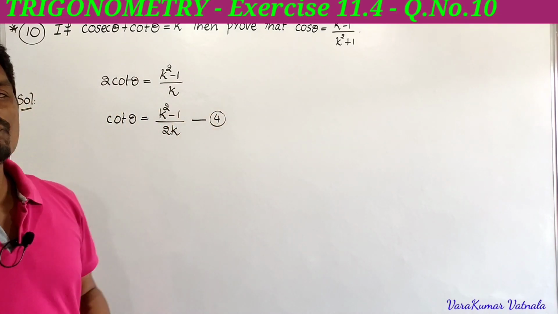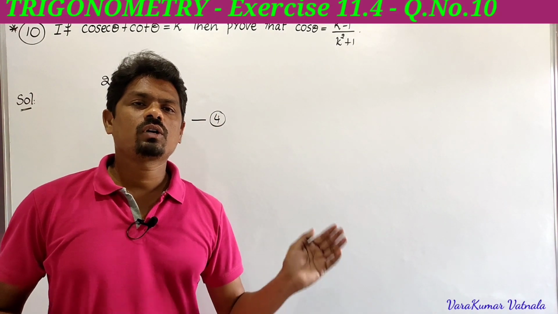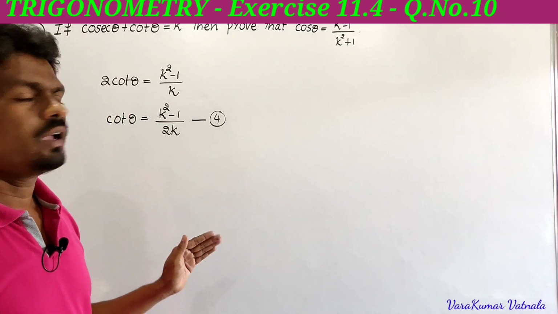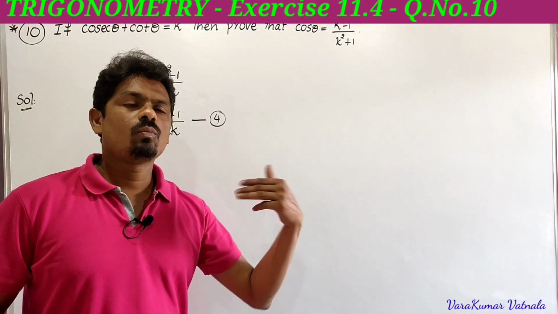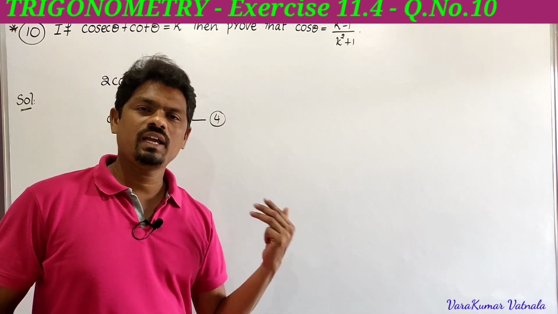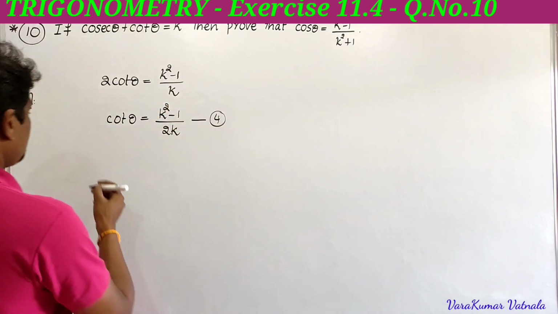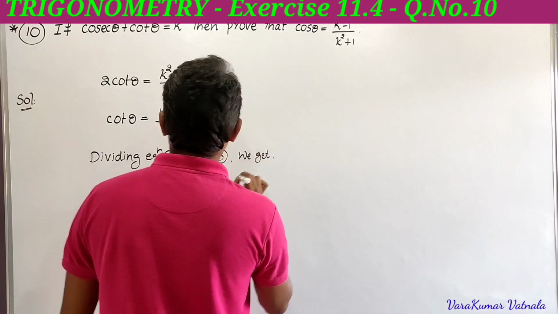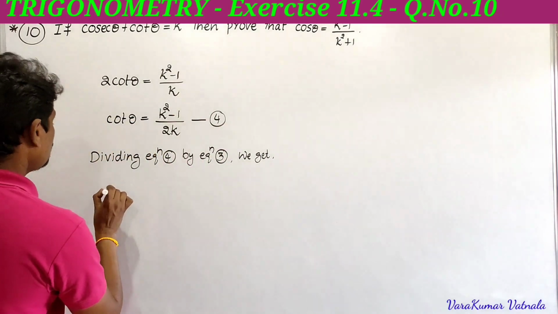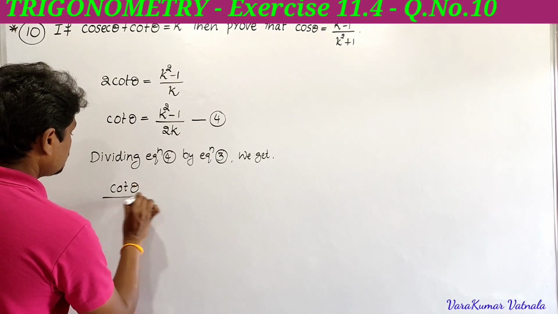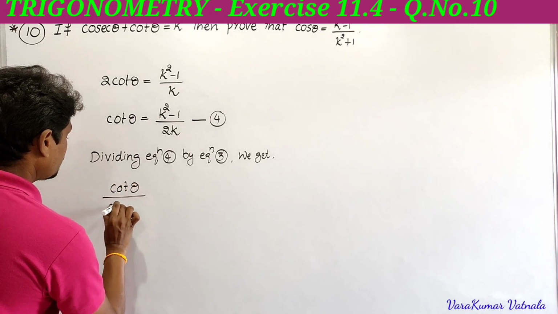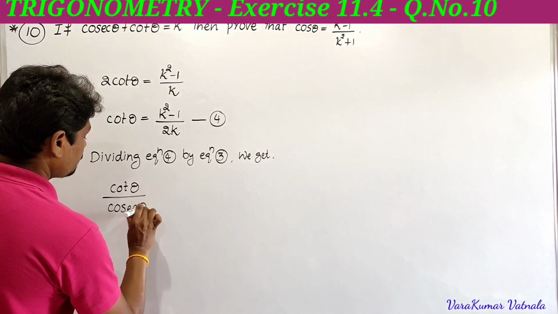So we have cosec theta equal to k square plus 1 by 2k, cot theta equal to k square minus 1 by 2k. So by dividing equation 4 by equation 3, we get, see here. On the left hand side, we have cot theta in equation 4, and in equation 3 on the left hand side, we have cosec theta.